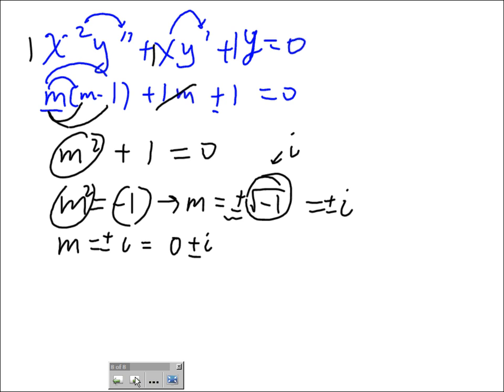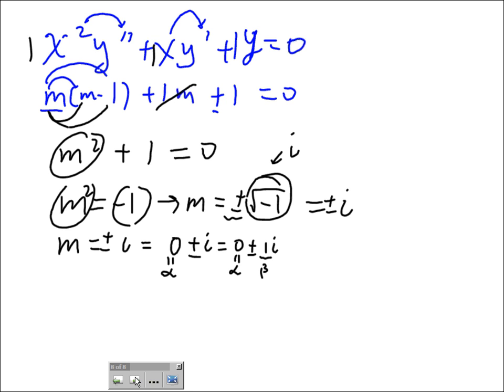And like earlier, when we had the e to the alpha x's, this is a, and this is the same as 1i. i is the same as 1i. So that's a, and that's b.